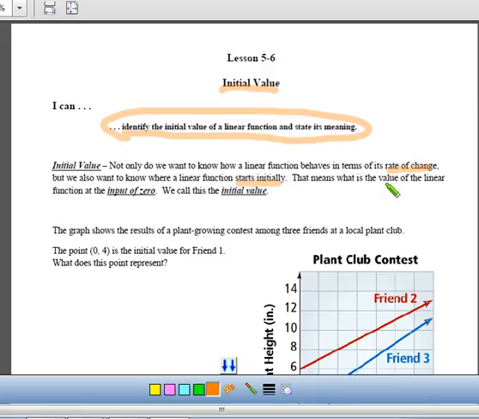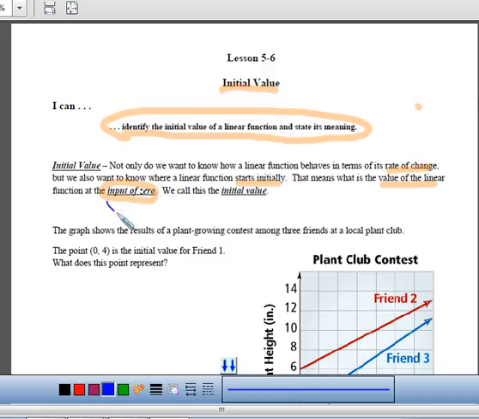That means, what is the value of the linear function at the input of 0? Now that's the key. When we're talking about an input of 0, that's when x equals 0. And then we call this the initial value.